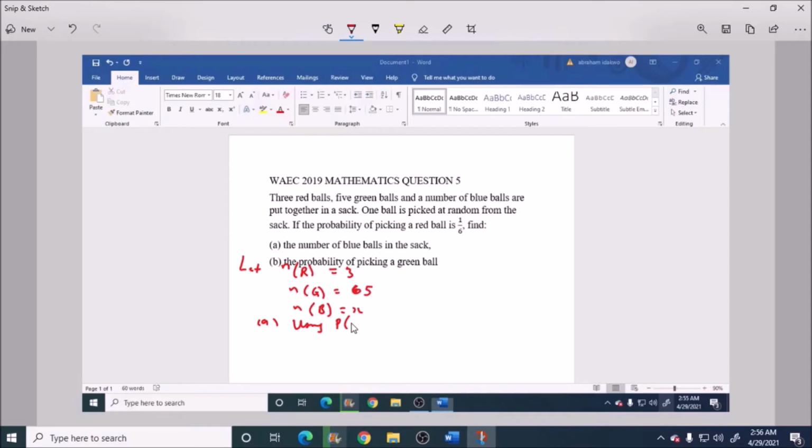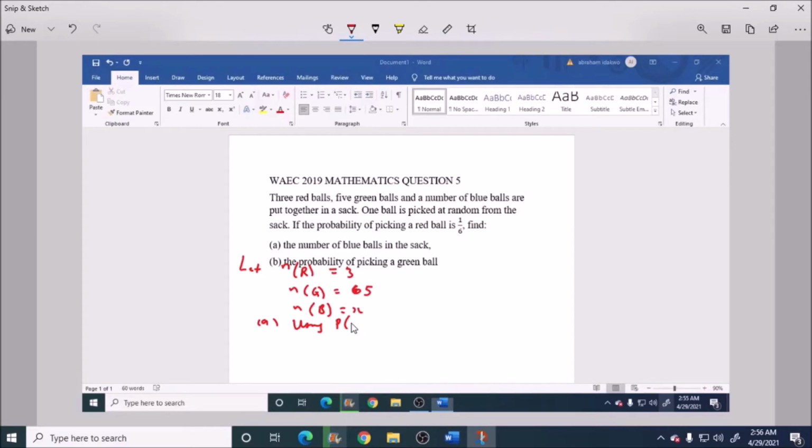Okay, so we have 8 plus x is equal to 6 times 3, which is equal to 18. x is equal to 18 minus 8, which is equal to 10.